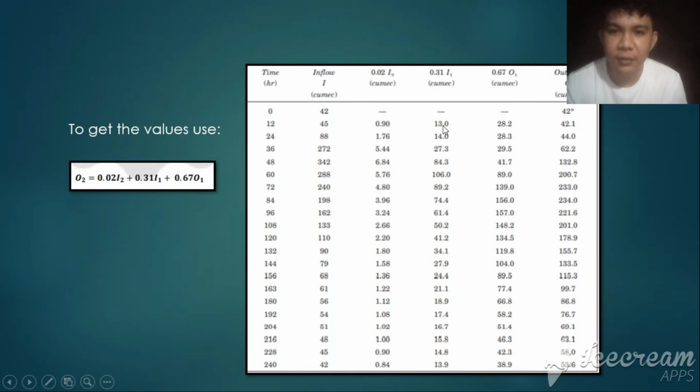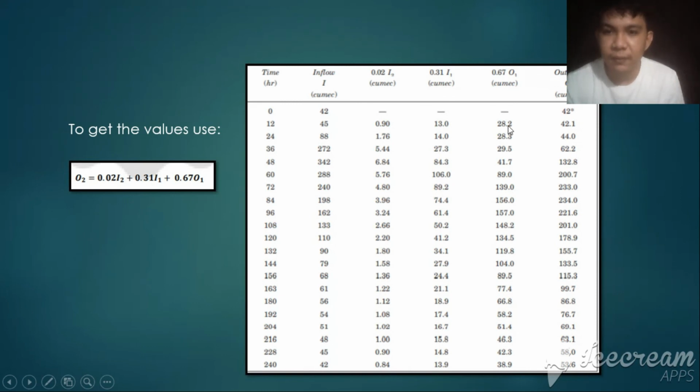Then 0.31 times I1. Asa man ang I1? Dili kaning 45, ang I1 na to is kaning 42. Kaysa I2 kaning 45. So times 42, kuha na to ning 13.